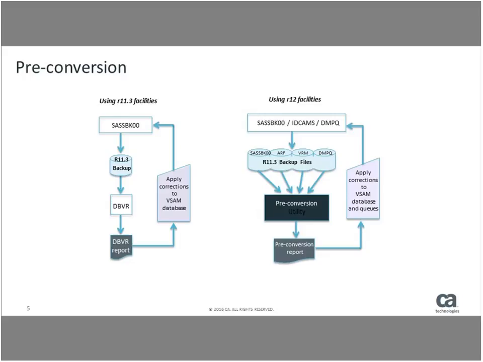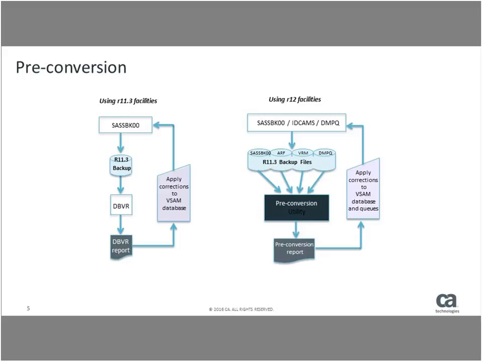Now, DBVR does not catch every error that can be in the database, but it does flag some of those. The rest of them may be flagged if there are other errors later in the process, and we'll see that. But basically, you're going to apply any corrections that are needed out of DBVR, make a BK00 backup, and that is what will be used when you go into the pre-conversion.